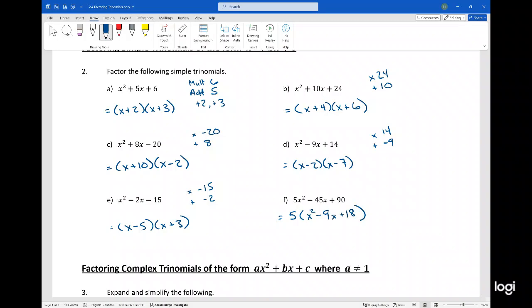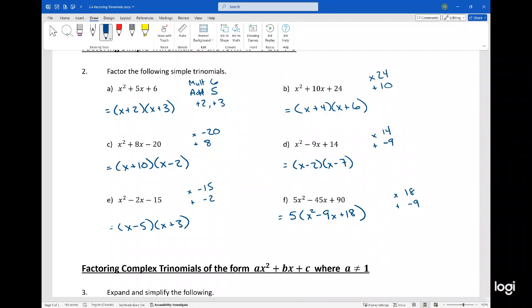I'm looking for two numbers that multiply to 18, add to negative 9. I know they have to have the same sign. I know they're both negatives. So that would be negative 1 and 8, negative 2 and 9, negative 9. Let me try that again. They both have to be negatives. They add to negative 9, negative 8, negative 1.